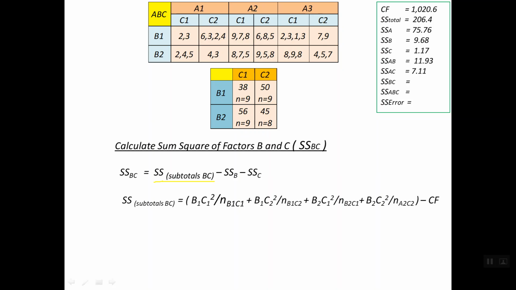This is the first one, which represents the calculation for B1 and C1. This is the second one, the calculations for B1, C2. This is for B2, C1. And the last one is for B2, C2.